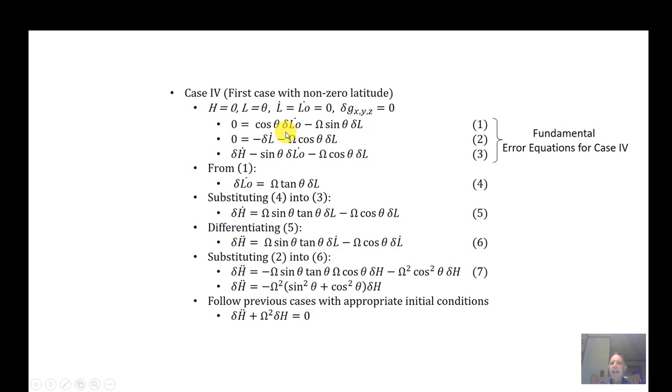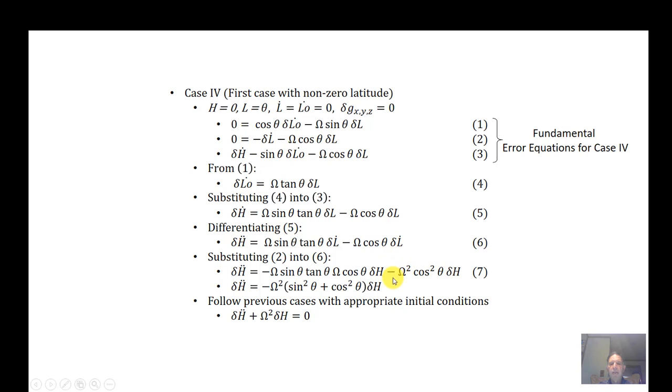Now where theta represents the latitude, just for notational convenience, I used theta not to confuse it with L. And we could go ahead and solve these three equations somewhat similar to our process, but now involving some trigonometric identities from your analytic geometry course.